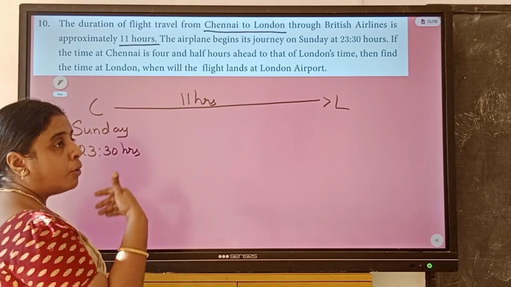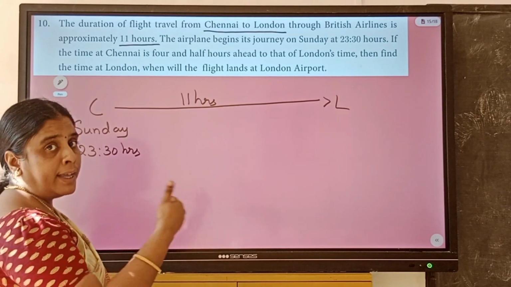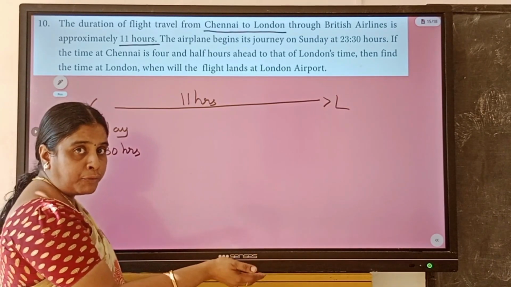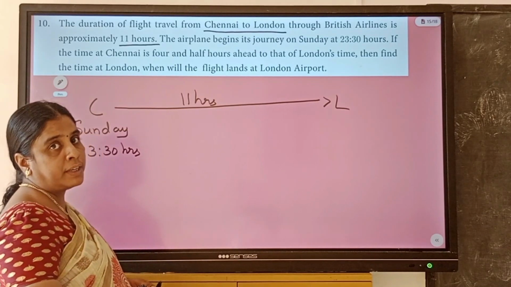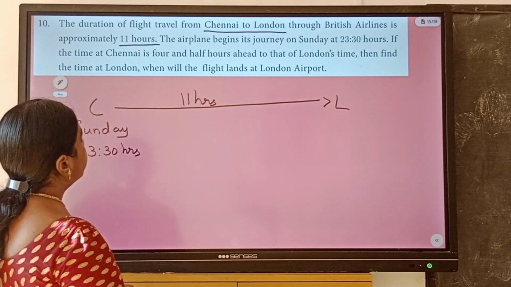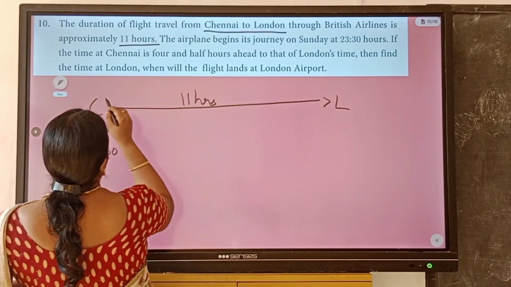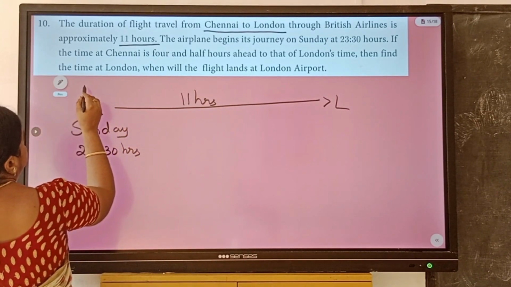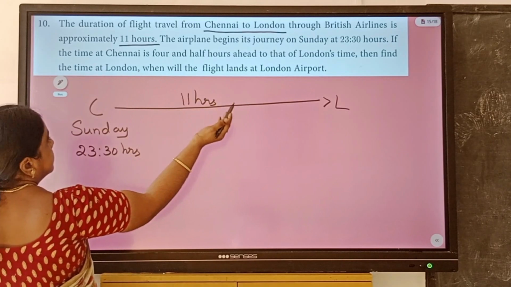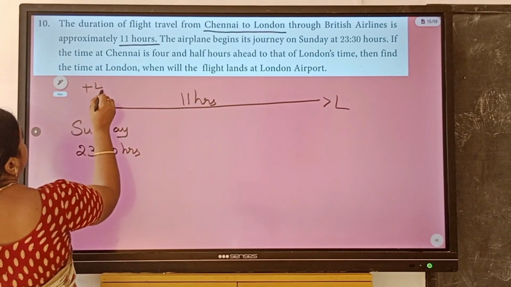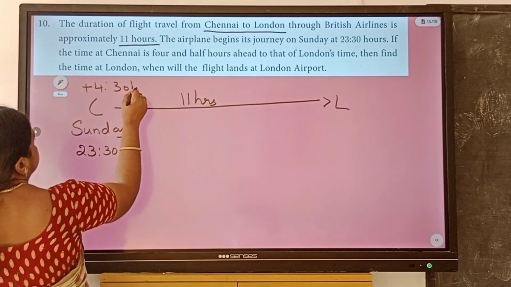So it is 4.5 hours ahead. 3 o'clock afternoon for them, 7:30 at night for us. So Chennai is 4.5 hours ahead.